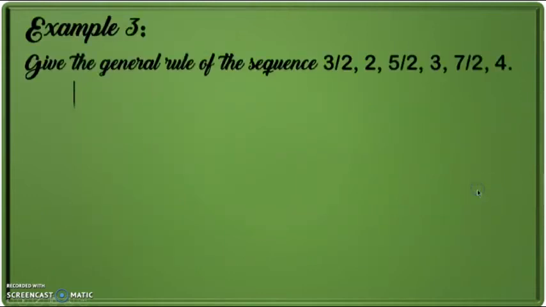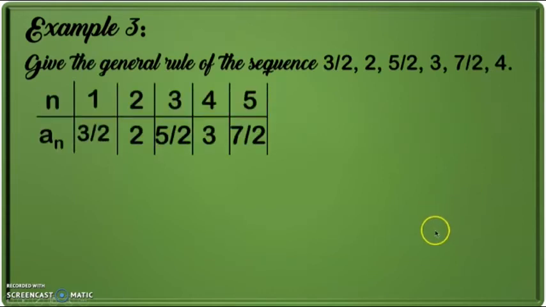Next example. Give the general rule of the sequence 3 over 2, 2, 5 over 2, 3, 7 over 2, 4. So as I have told you, the values of n are the orders of the given sequence.